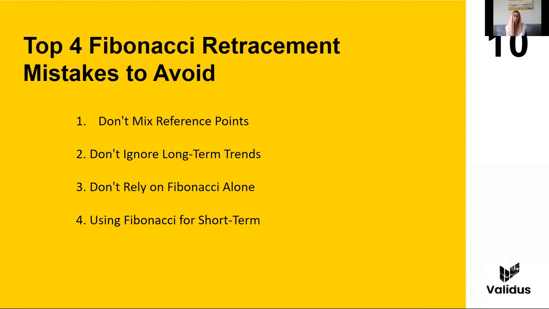By keeping tabs on the long-term trend, a trader can apply Fibonacci retracements in the correct direction of the momentum and set themselves up for great opportunities. So don't ignore long-term trends. You need to have an eye on the bigger picture.